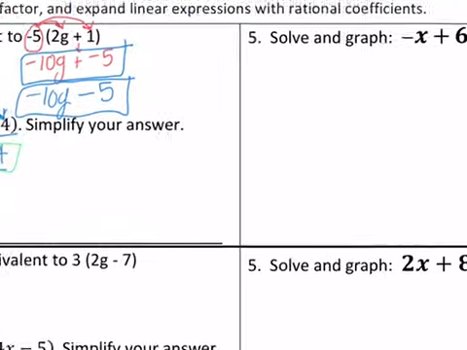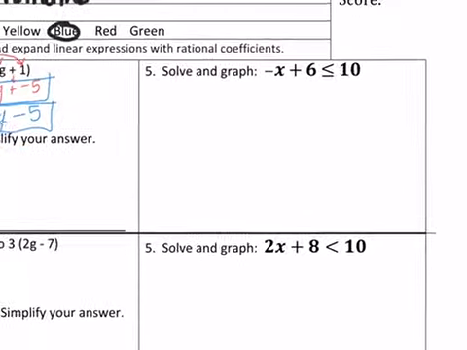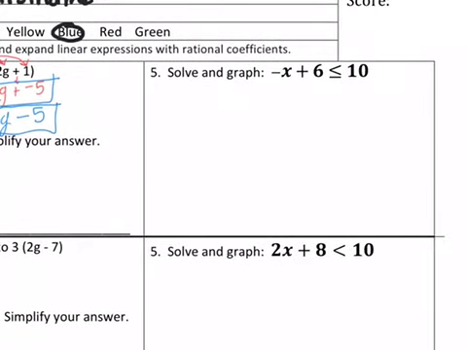Now, number 5. This is the one that is loaded. This is a 2-step inequality. And the reason it's considered a 2-step inequality is because there's a coefficient in front of the variable. The coefficient here is negative 1, so it's invisible.